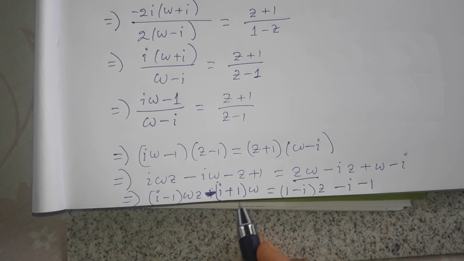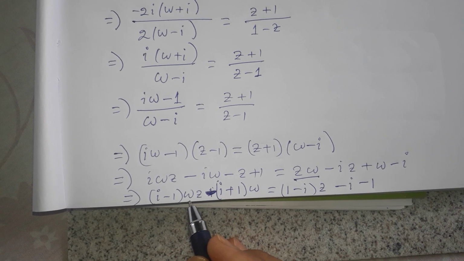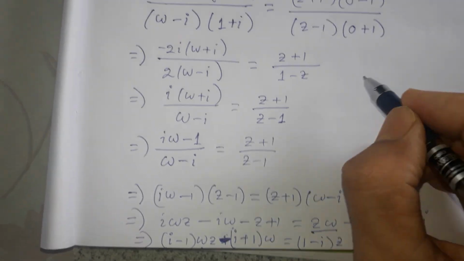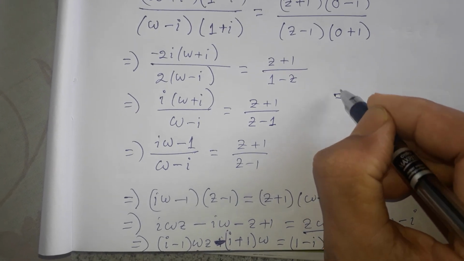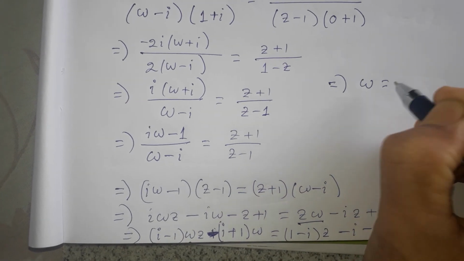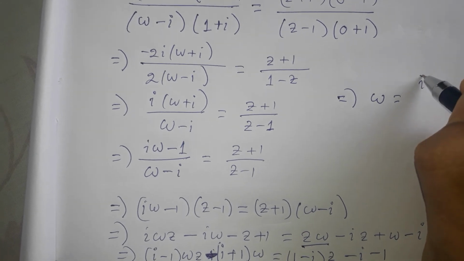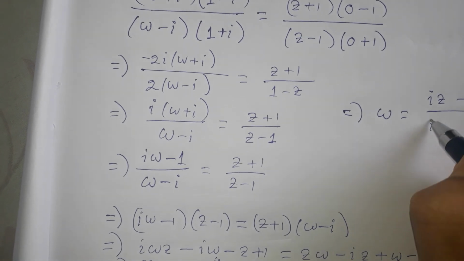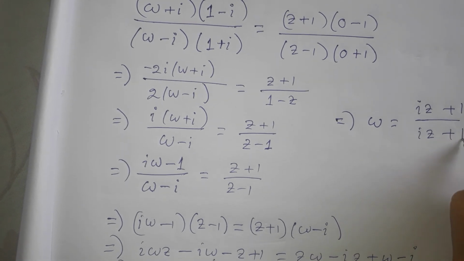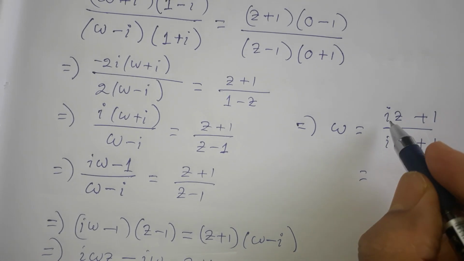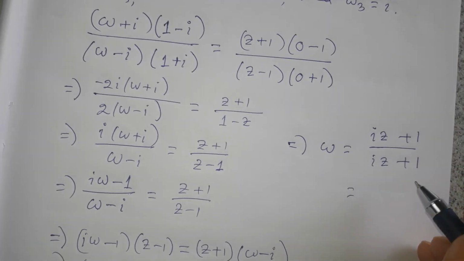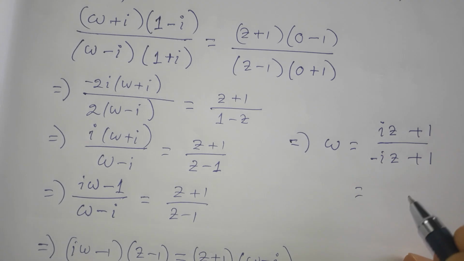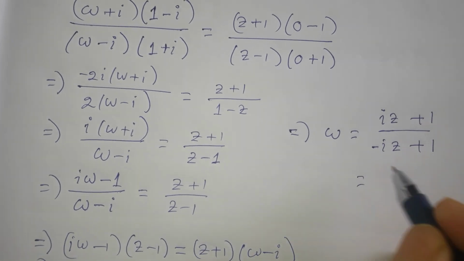Okay, so if you solve this, then you will see that w equals nothing but (iz plus 1) over (minus iz plus 1), and that I can multiply, after simplifying.